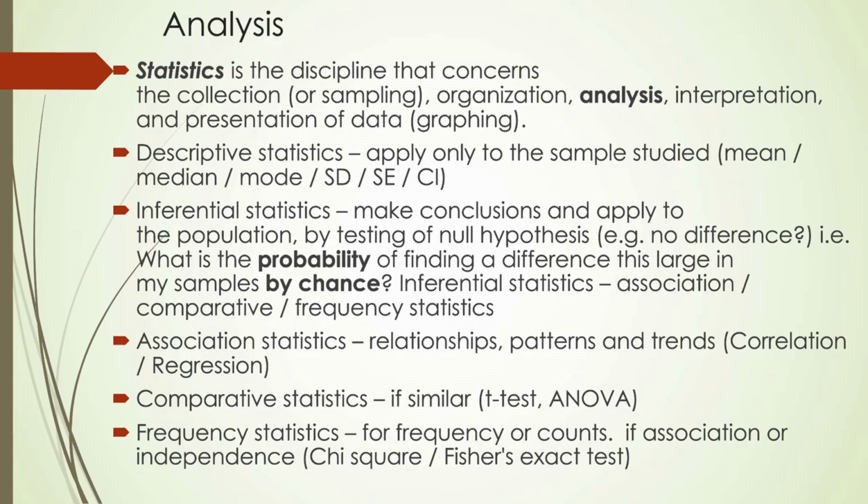That's why in a t-test or ANOVA, if your p is less than 0.05, the probability of finding this difference by chance is so small that you can reject the null hypothesis that there is no difference.